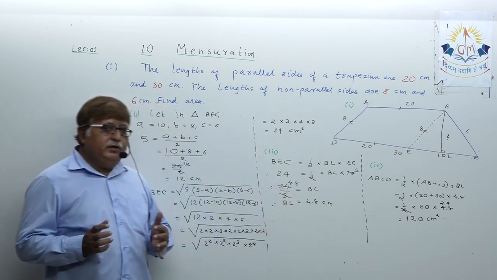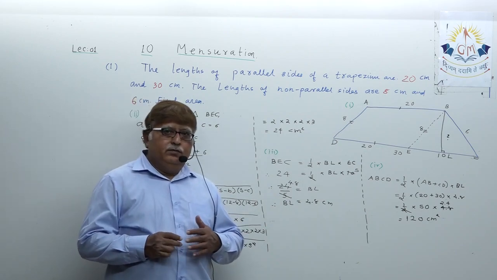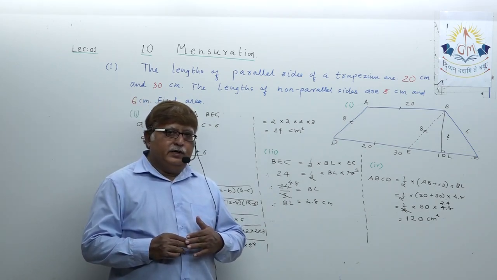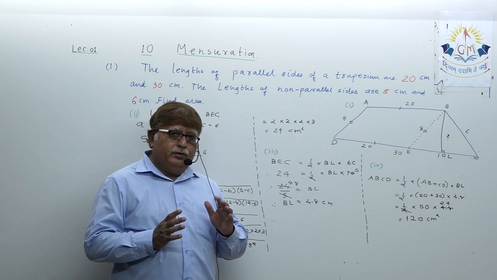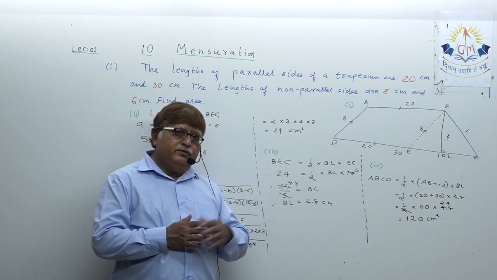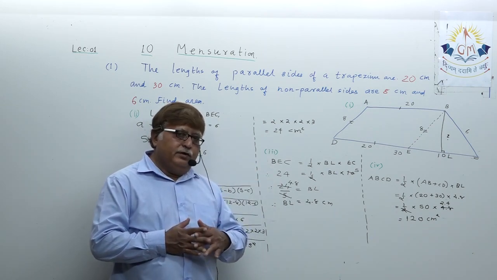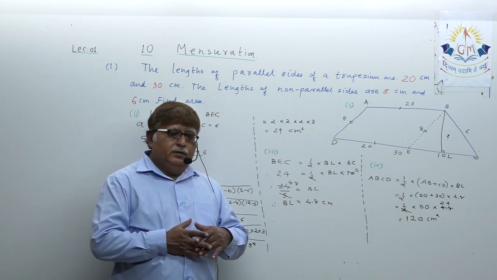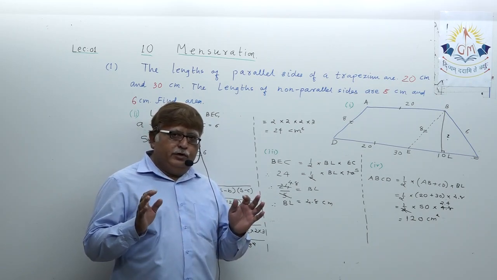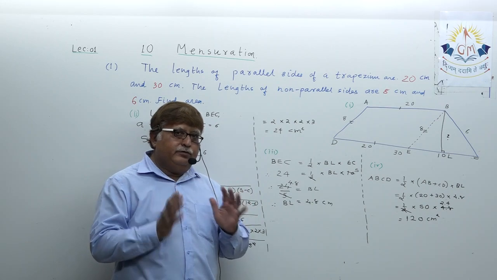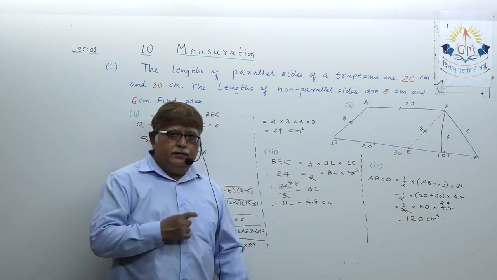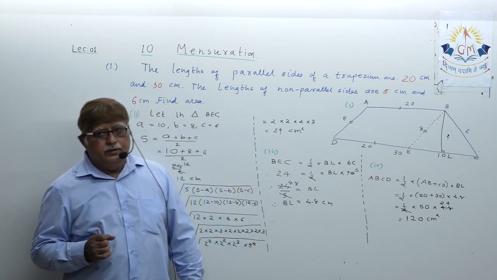But once they see any example, my guidance is that they need to, as in my lectures, previous lecture also I told you, stick to the basics. And what is the basic here?